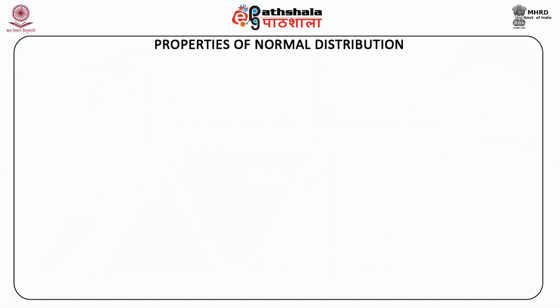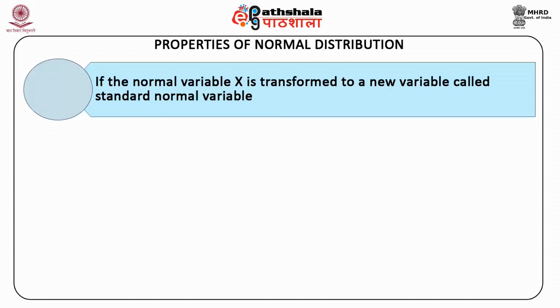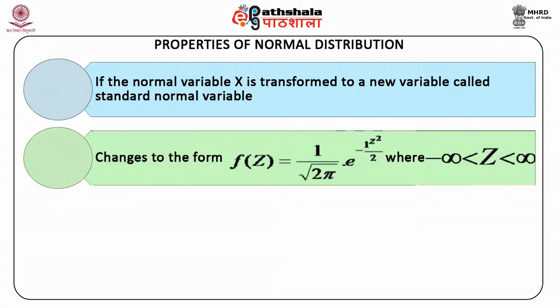The last property of normal distribution states that if the normal variable x is transformed to a new variable z equal to (x minus mu) upon sigma, called the standard variable, then the normal distribution changes to the form f of z is equal to 1 upon under root 2 pi multiplied by e to the power minus half z square, where minus infinity is less than z is less than plus infinity.